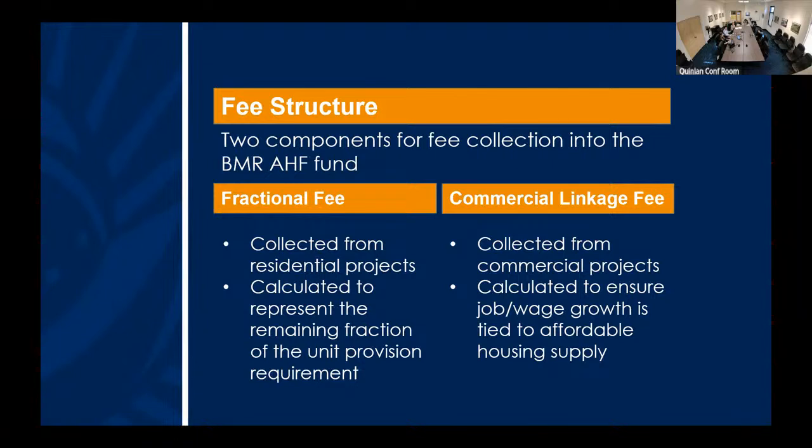And the idea behind this is it's calculated to ensure that job and wage growth in the city is commensurate with affordable housing supply. The idea being, when you have the same amount of housing stock in the market, if you increase the number of jobs, no matter what, that's an increase in demand, which means rents have to go up by a certain amount.